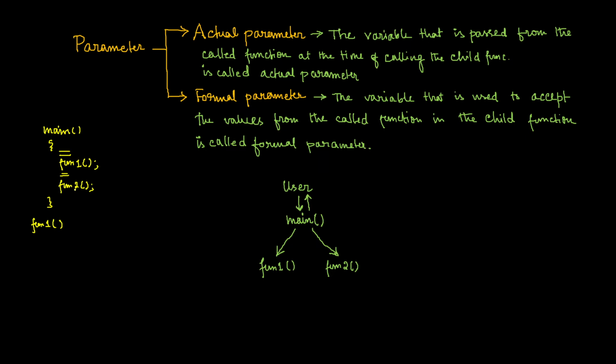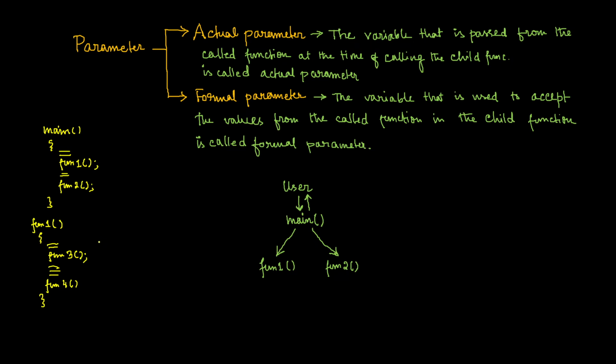So now if we define this fun1 function, it may happen that fun1 has a lot of responsibility. So as a programmer, we can distribute the responsibility into many other child functions within the fun1 function. For example, from fun1 I can call another function fun3, and maybe some more code, and then I can call fun4, something like this.